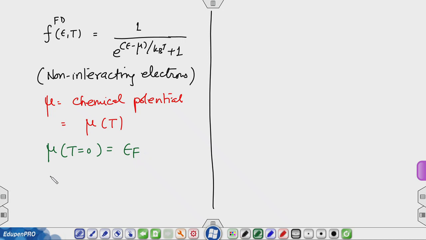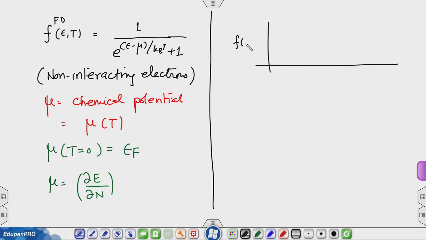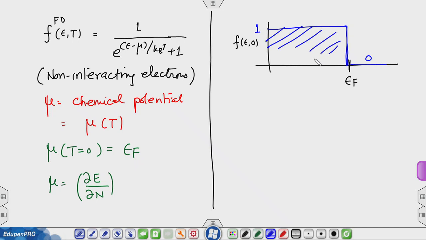It also represents the change in the energy as the number of electrons is changed. So, at T equals 0, if I were to plot F(E,0), the levels are filled up to epsilon F, and the distribution appears like a step function. This is 1 precisely up to epsilon F, and then 0 afterwards, and all these levels are filled. So, here this is equal to mu.